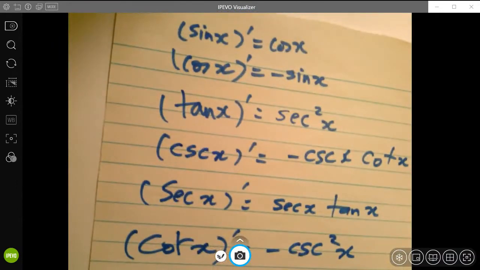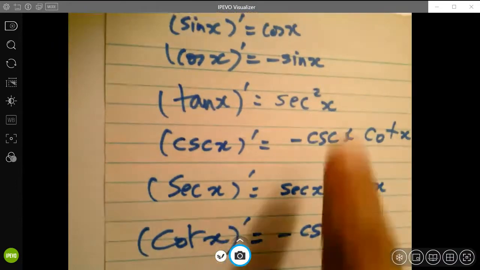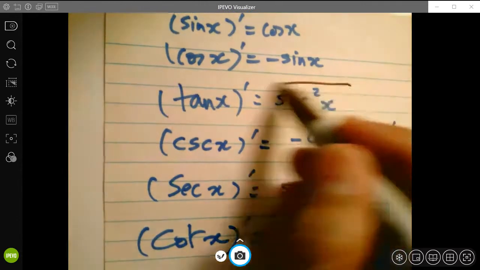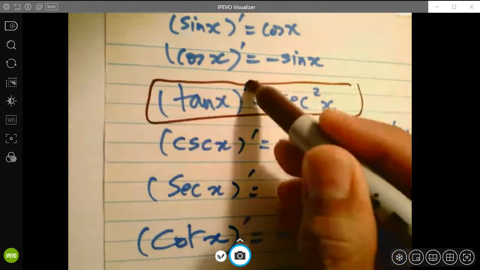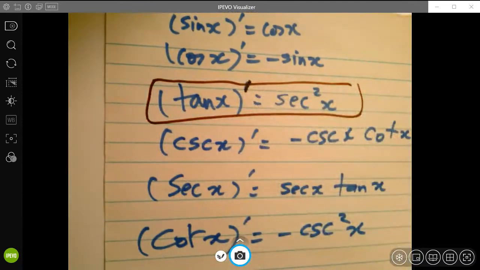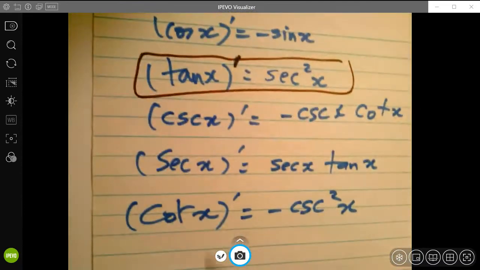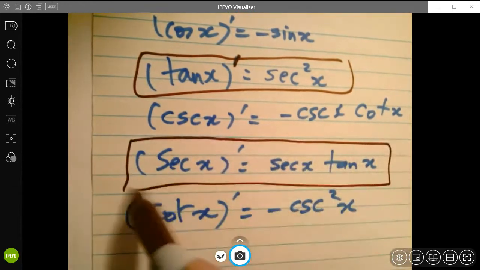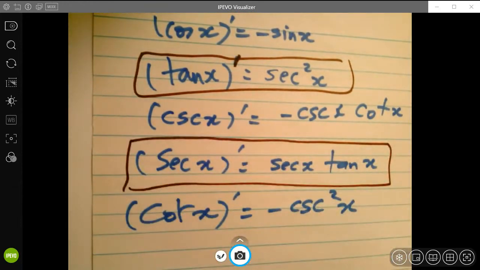Derivative of sine is cosine, derivative of cosine is negative sine, and this is the one we need today. Remember, tangent prime is secant squared. And remember this one is also common sometimes: derivative of secant is secant times tangent. Again, it will be randomized. You have to know your derivatives of trig functions.